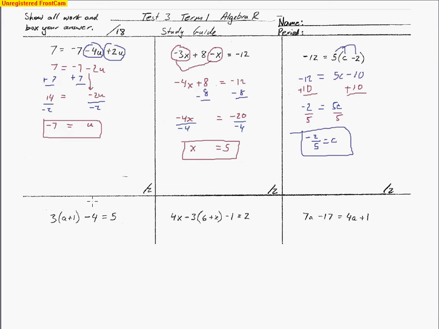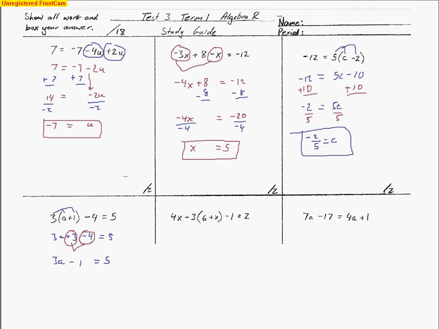Next problem, we have to use that distributive property, and so we're left with 3a plus 3 minus 4 equals 5. Make sure you distribute the 3 over both terms. From here, we can go ahead and collect some like terms. So notice how they're opposite in sign, so I end up subtracting those two numbers. So I'm left with 3a minus 1 equals 5.